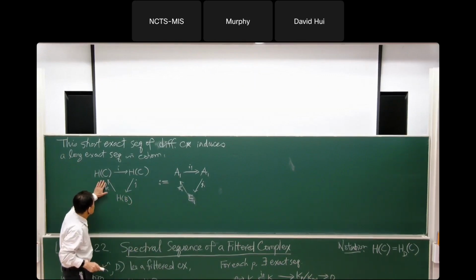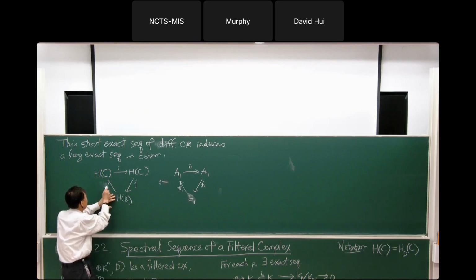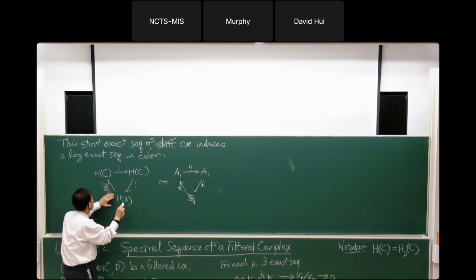Now this K is actually the connecting homomorphism. What did we call it? I think we called it D star before. Well, let's just call it K.